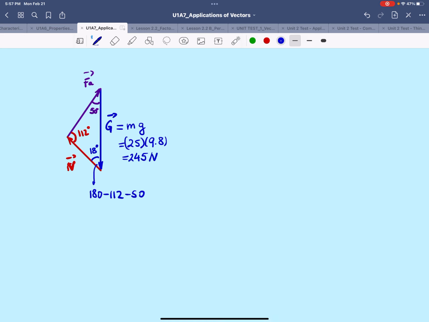So in this case, what we're looking for is the force FA, and we're going to start off by writing the sine law, which is force FA in magnitude, obviously, divided by the sine of the angle opposite to FA, which is an 18-degree angle, sine 18, equals gravity, which is 245, divided by the sine of 112 degrees.